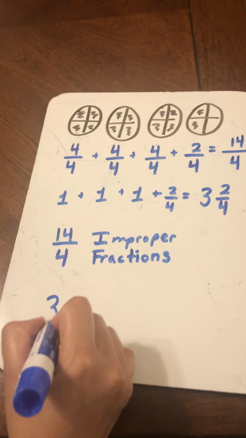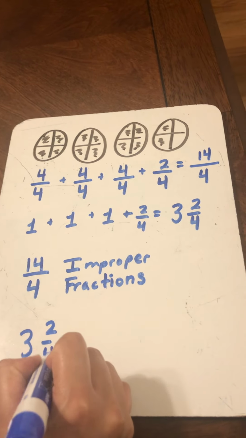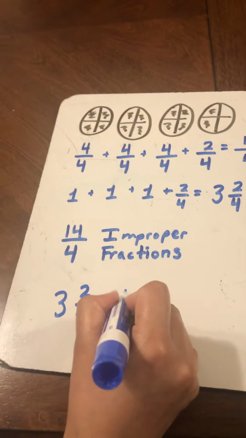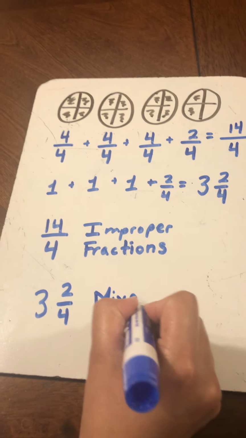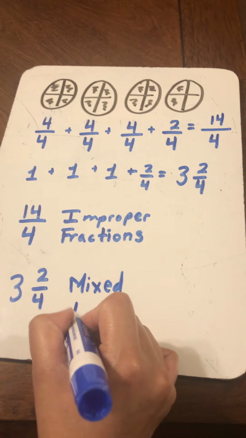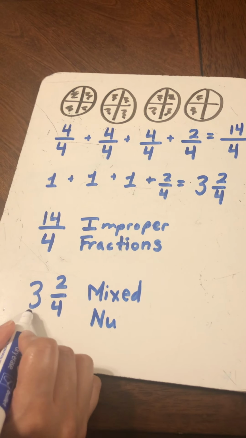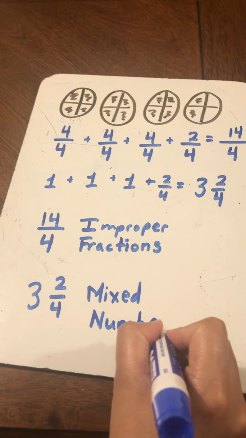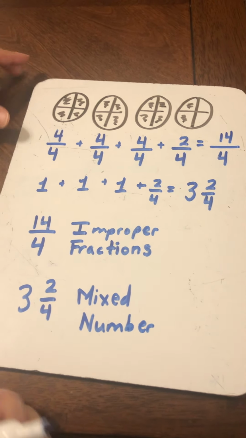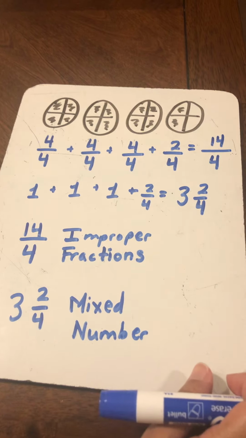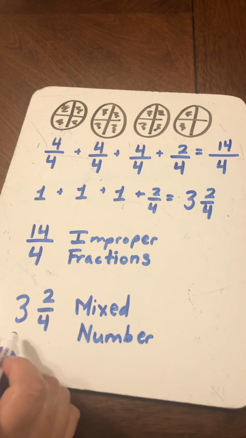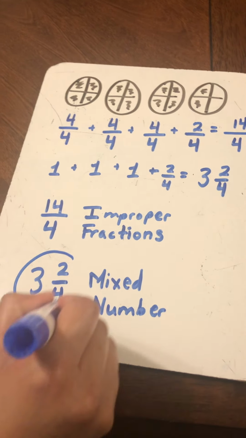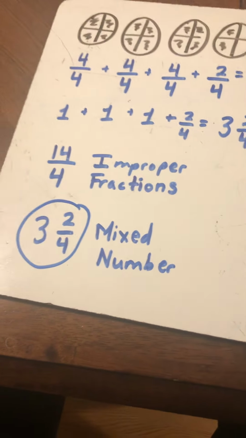And this is called a mixed number. A mixed number is when you have a whole and a fraction combined. So both answers for me are correct, although most teachers will tell you that they prefer it written this way as a mixed number.